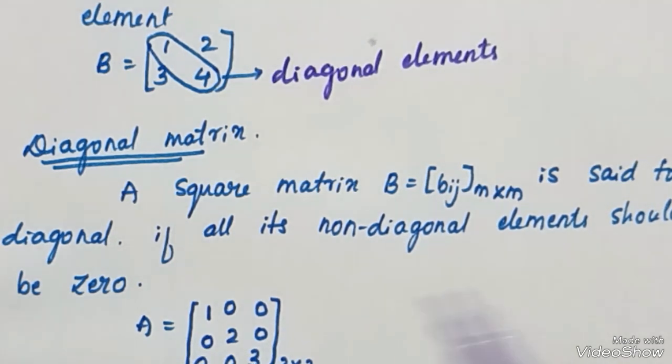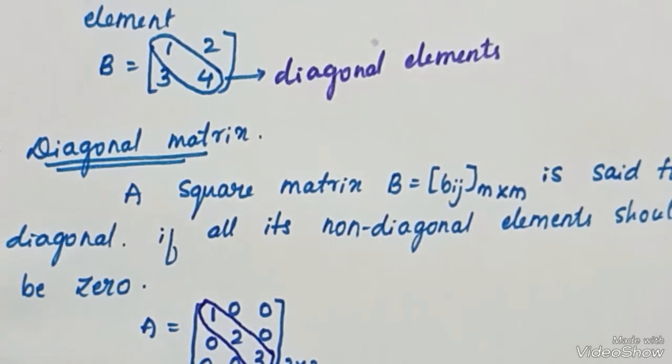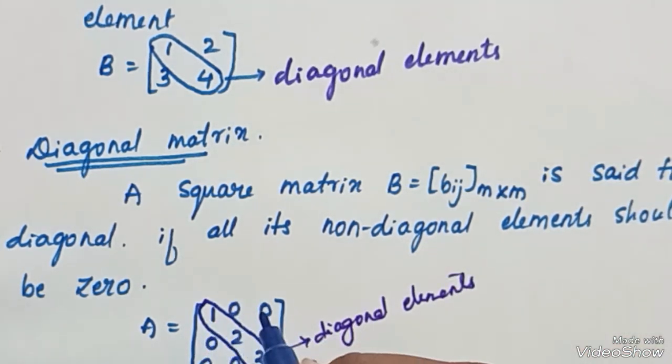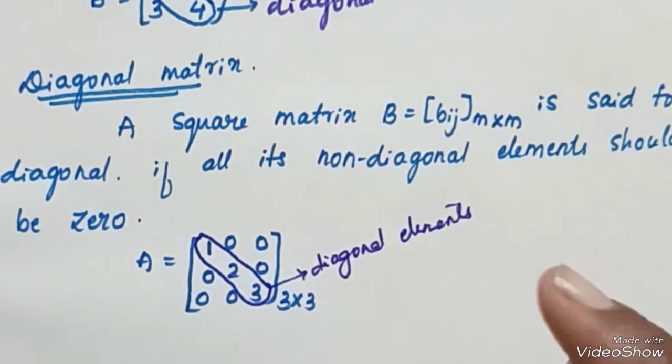These elements are called the diagonal elements. Other than the diagonal elements, they are called non-diagonal elements. If all the non-diagonal elements are 0, then it is called a diagonal matrix.